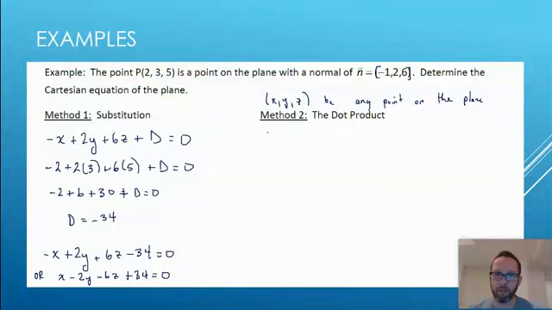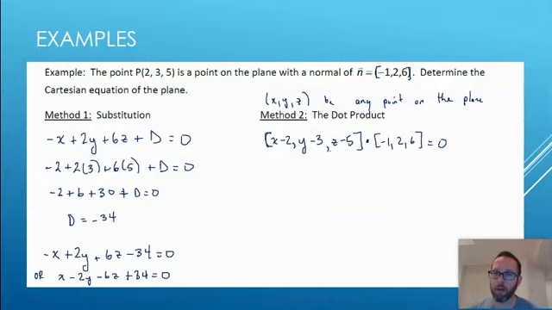And so the vector x minus 2, y minus 3, and z minus 5, dotted with the normal, will be 0.